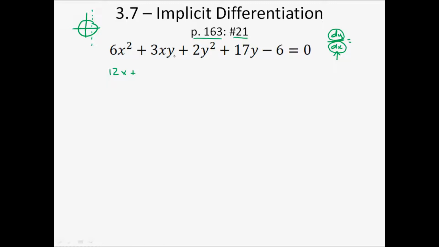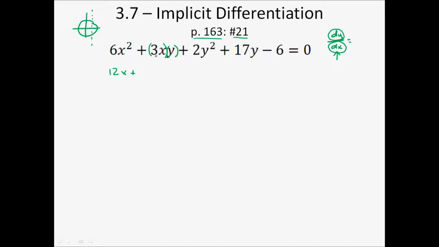Now the second term is more difficult because we have three different factors here: 3, x, and y. The 3 you could pull out front, but how I usually like to do these, and it's up to you, I'll show you the other way in class, is I call the first factor 3x and the second factor just y. When I have two factors I want to take the derivative of, I need to use the product rule.